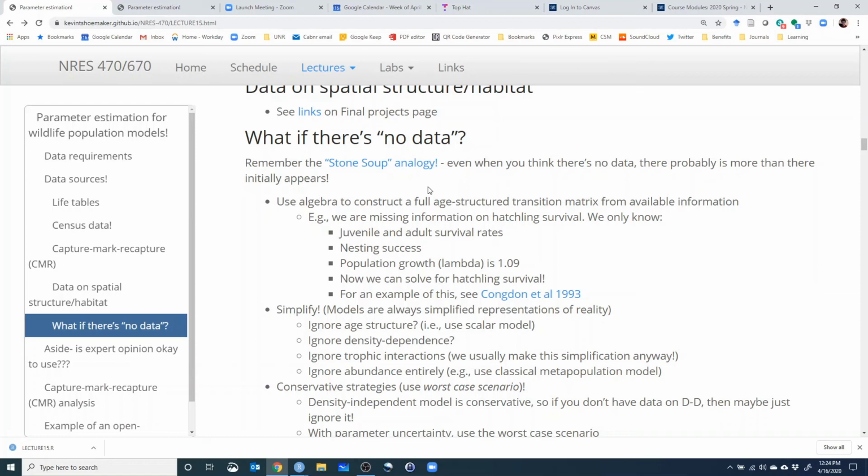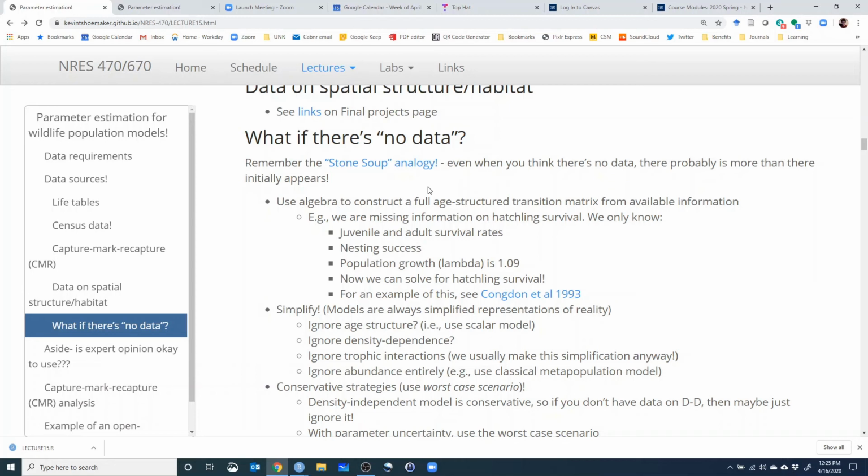So we have all this information, and because we know that lambda is 1.09 and we know all the vital rates except for hatchling survival, there's only one hatchling survival rate that could cause a lambda of 1.09. So all we have to do is vary that hatchling survival until we get a lambda from our matrix of 1.09, and that's the hatchling survival rate that's most realistic because it's consistent with our observation that lambda is 1.09.